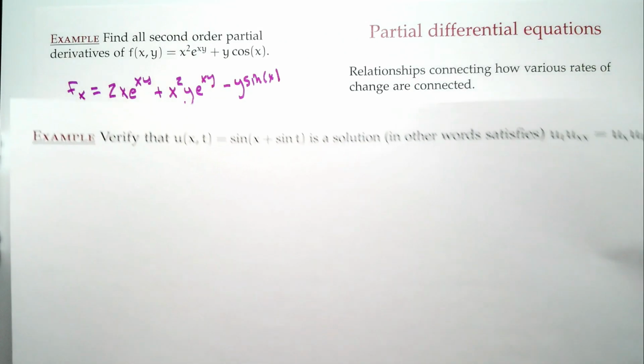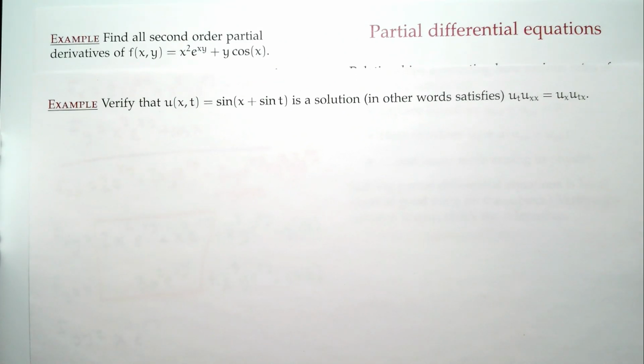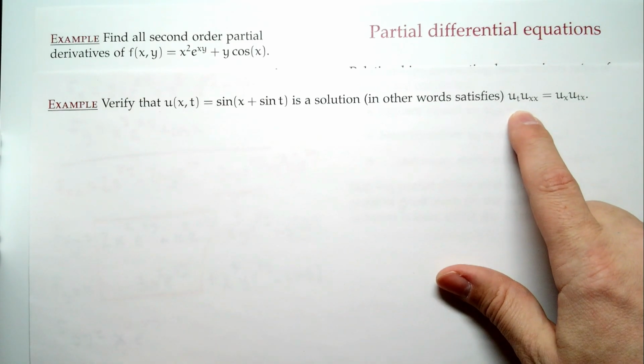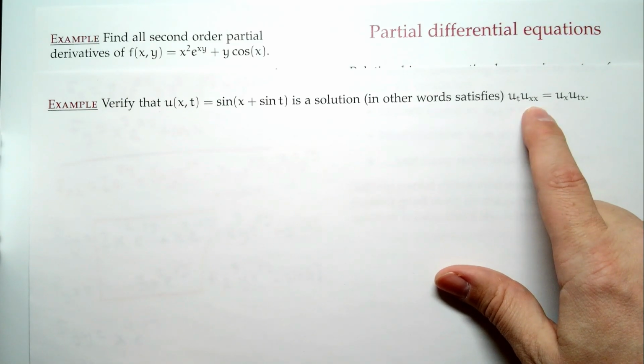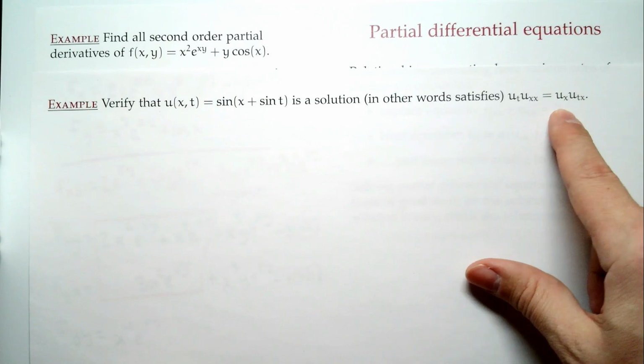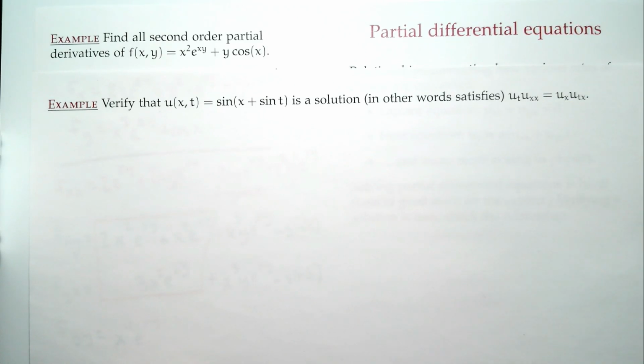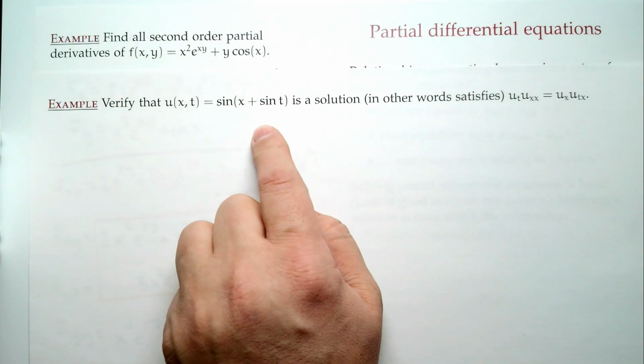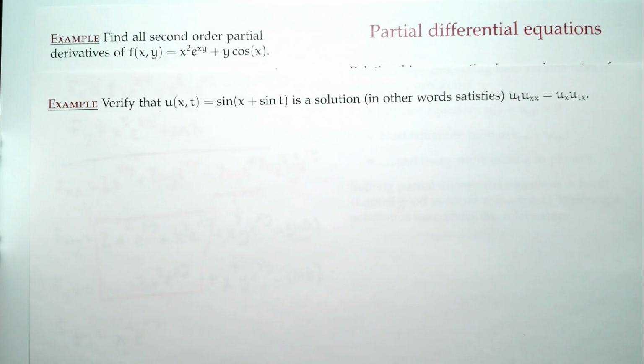So how do you verify? Well, suppose I just say, here is a differential equation. u_t, u_xx, and u_x, u_tx, and I want them to be equal. To verify says, I'm going to give you a function. Here's the function. u(x,t) is sine of x plus sine of t. So to verify it, what do you do?